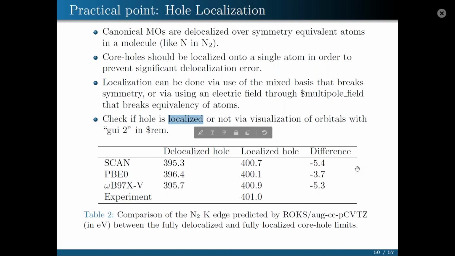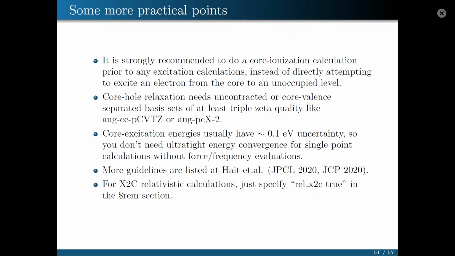And some last practical points, I guess, would be that it's strongly recommended to do a core ionization calculation prior to any excitation calculations, instead of directly attempting to excite an electron from the core to an unoccupied level.